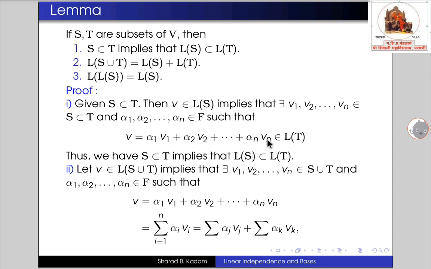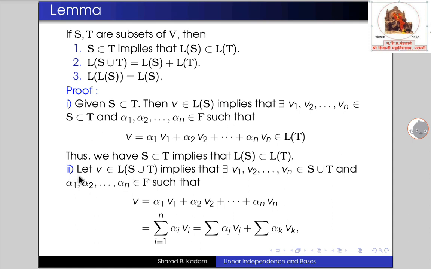Here V1, V2, ..., Vn are elements in the set S, and as we are given S is a subset of T, V1, V2, ..., Vn are also elements in the set T. That means this is a linear combination of elements in the set T. That means V also belongs to the linear span of T. So we have taken V from the set L of S, and we have shown that V belongs to L of T. That means L of S is a subset of L of T.